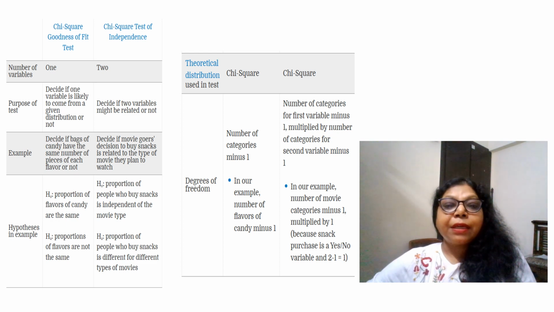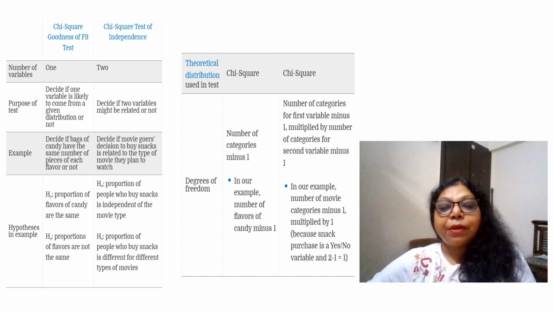In chi-square goodness of fit, the degrees of freedom is calculated as the number of categories minus 1. So in our example, the number of flavors of the candy minus 1 will be the degrees of freedom for the chi-square goodness of fit test. While for chi-square test of independence, it is the number of categories for the first variable minus 1, multiplied by the number of categories for the second variable minus 1.